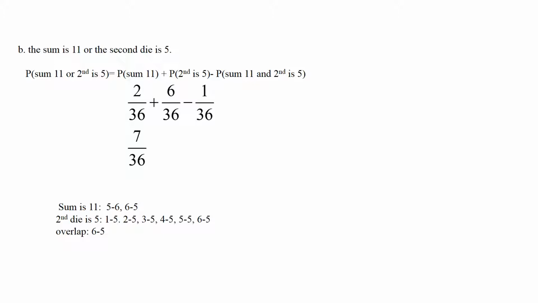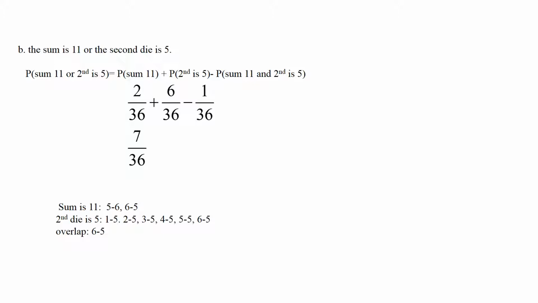The next question asks the probability of rolling a sum of 11, or the second die is 5. This is an OR problem. You need to use the addition rule. The probability of rolling a sum of 11 is 2 out of 36. You could roll 5-6 or 6-5. The probability the second die is 5 is 6 out of 36.